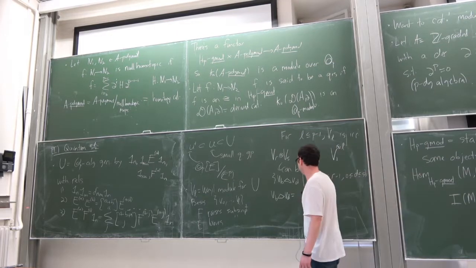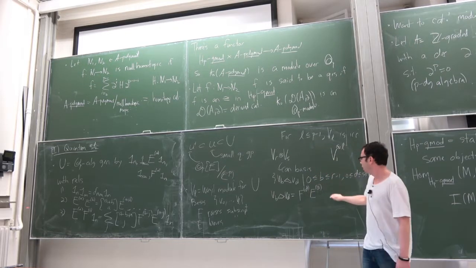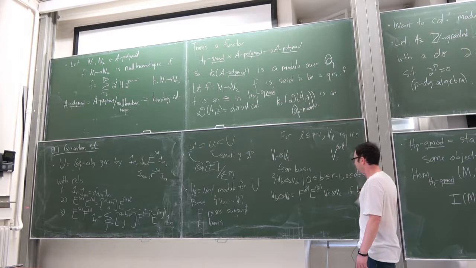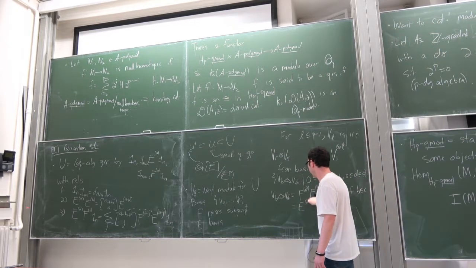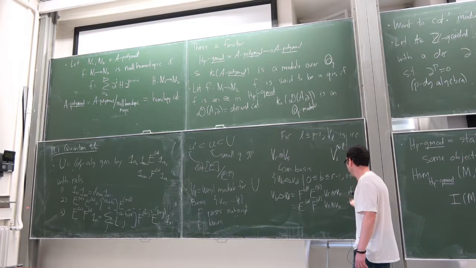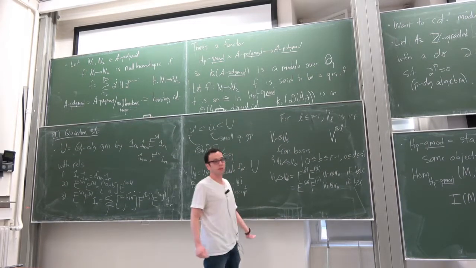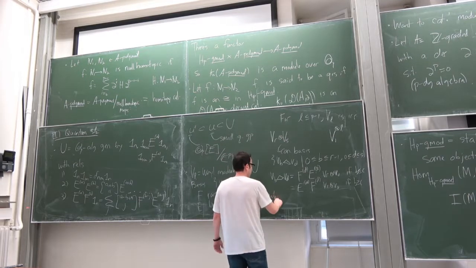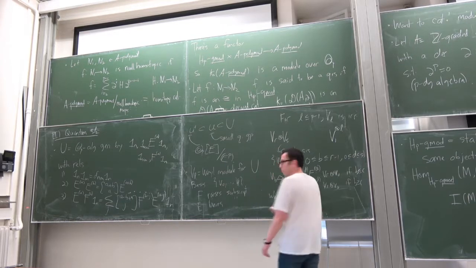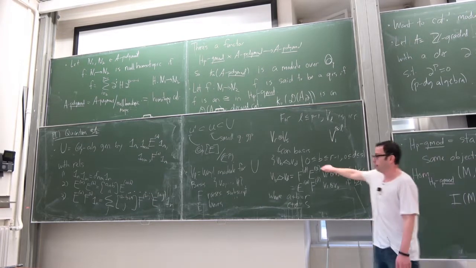So this is equal to FD EA applied to VR tensor V0 if B is less than or equal to C, and the other way around if B is greater than or equal to C, where A plus B is equal to R, and C plus D is equal to S.